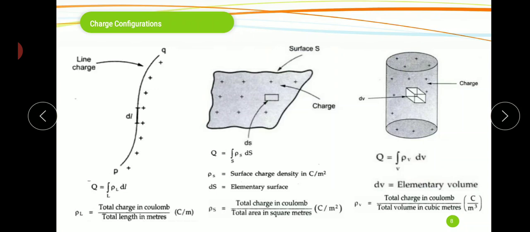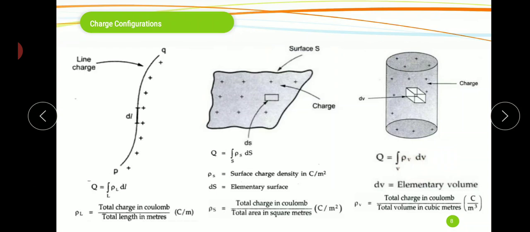Why? Because in case of volume there are three variables, so you have to integrate three times. So that is the meaning. Whatever suffix we have to write below the integration, the meaning of L is one time integration, the meaning of S is two times integration, and the meaning of V is three times integration. So this is about the charge configurations.